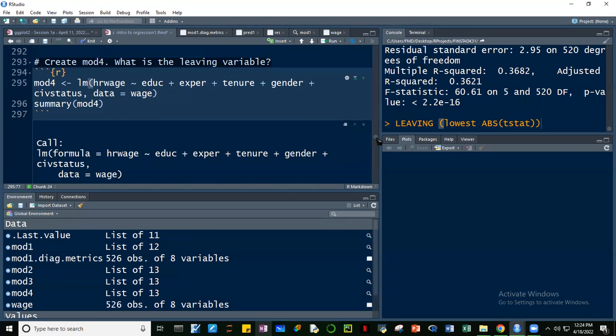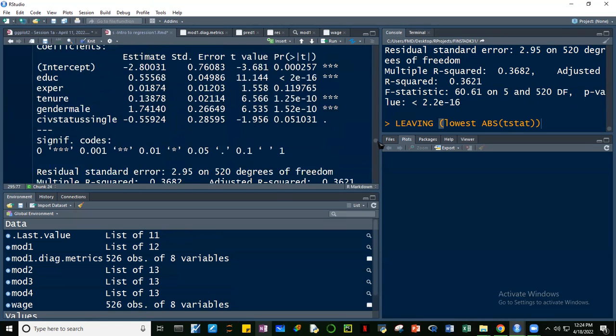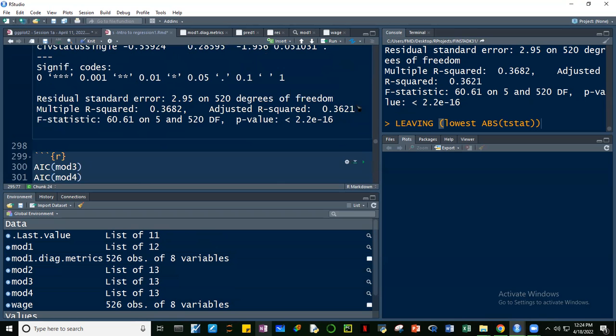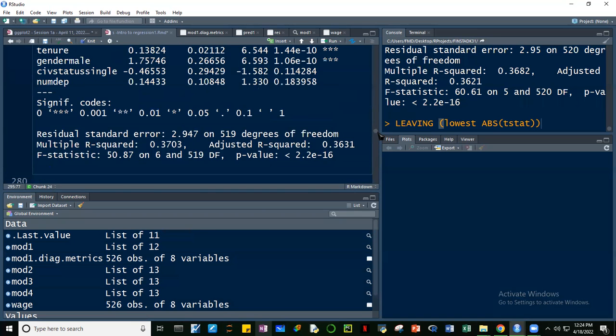Okay, so here we have model 4. 36.21, tapos dito sa isa, 36.31.